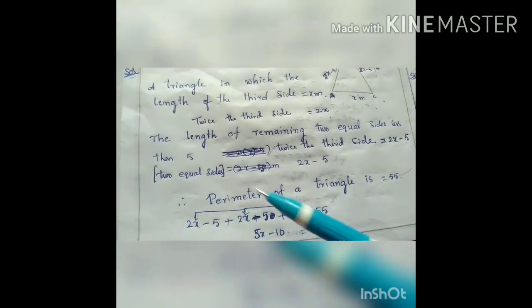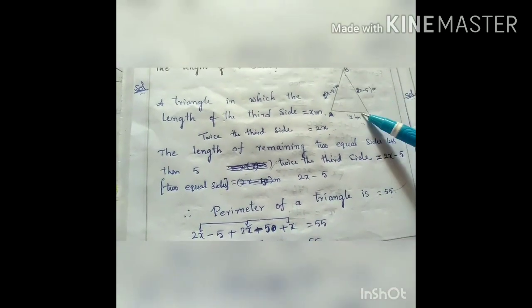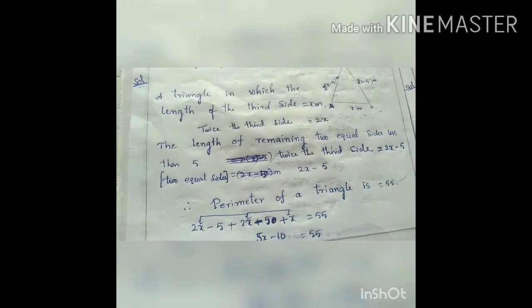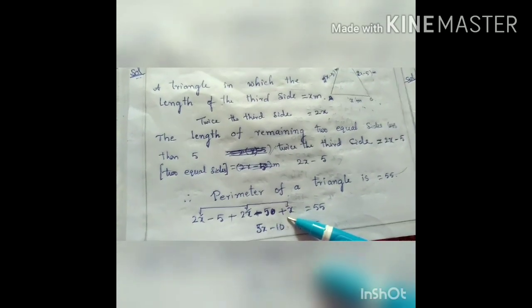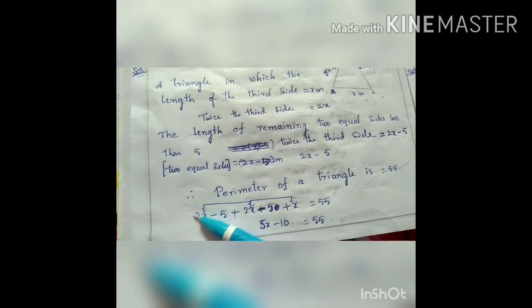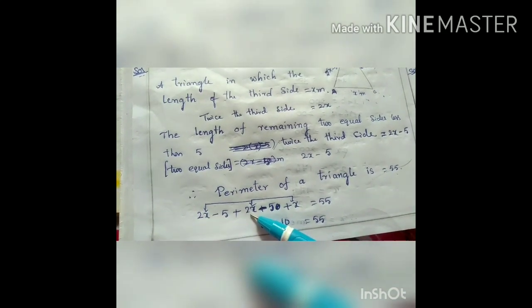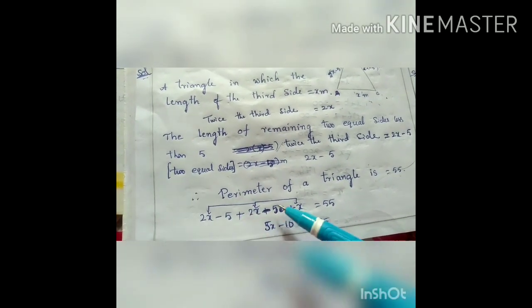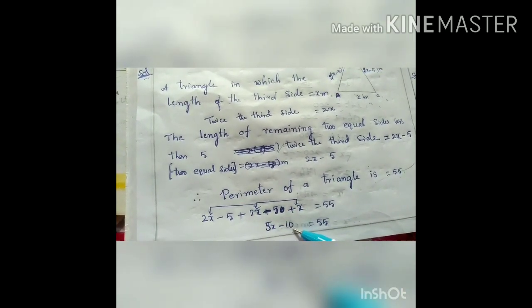So the perimeter means AB plus BC plus CA. AB is 2x minus 5, plus BC is 2x minus 5, and CA is x, equal to 55. So 2x plus 2x is 4x, 4x plus x is 5x, and minus 5 and minus 5 is minus 10, equal to 55.